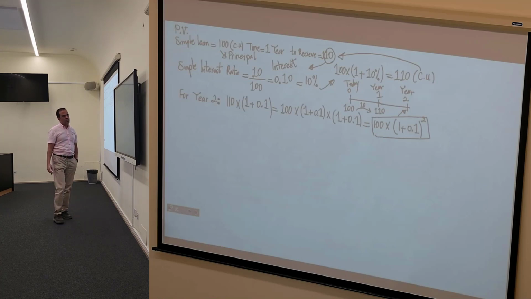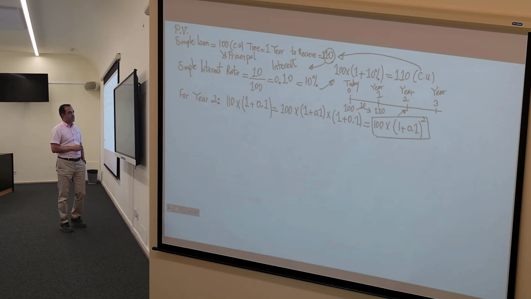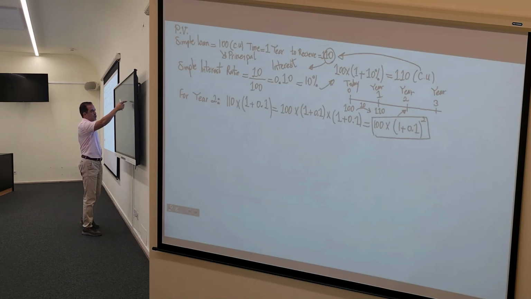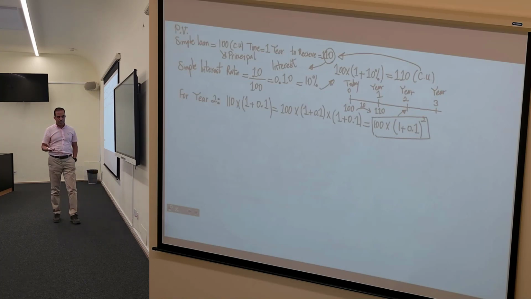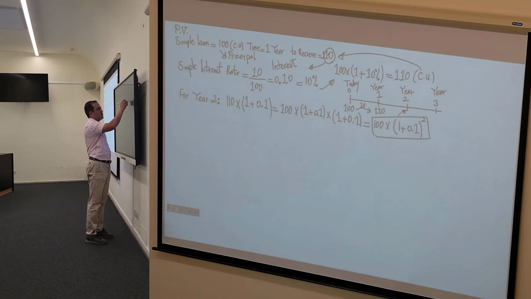And if we want to calculate year 3, simply this 2 should be 3, right? So 100 for year 3 times 1 plus 0.1 to the power of 3, okay?